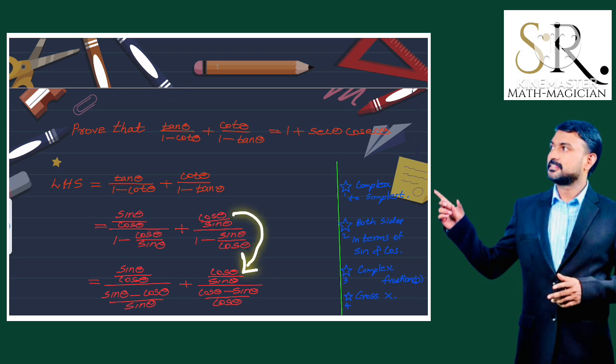Cos by sine as it is written here. Denominator: 1 into cos, cos; 1 into sine, sine; then 1 into cos, cos. This is cross multiplication in fractions.